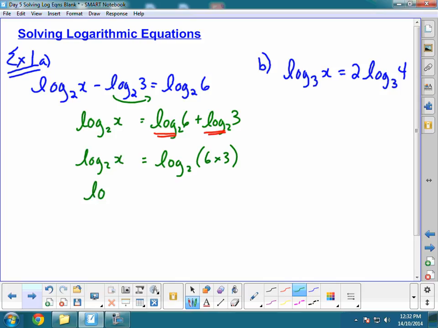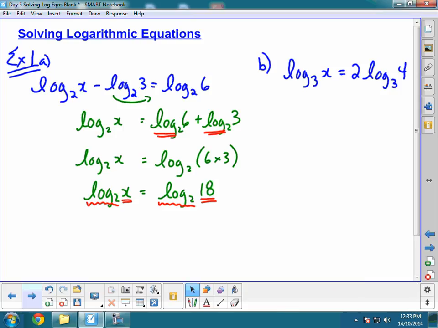So of course, 6 times 3 is 18. And we're now down to this. Now we're looking at it and it says, give me the x value to make it equal to this. Well, since they have the same log or the same base, all we need to do is compare the answers.